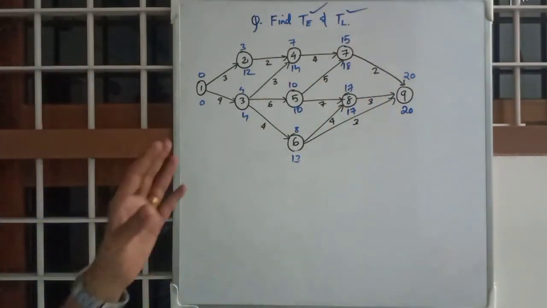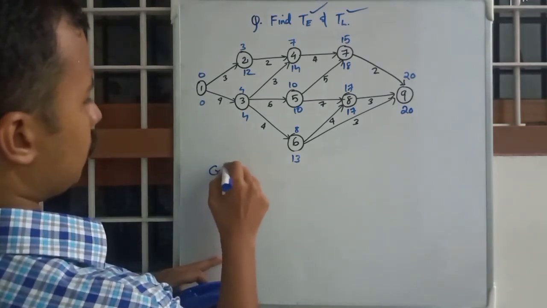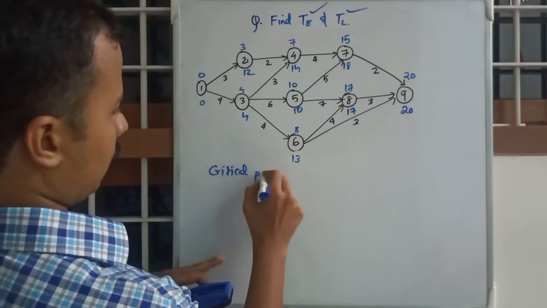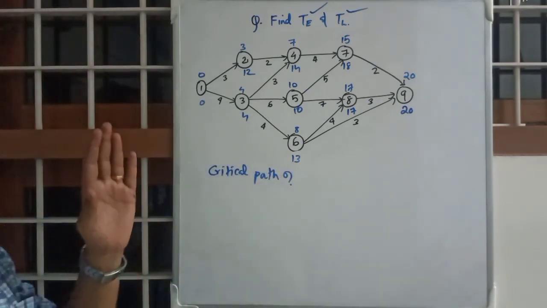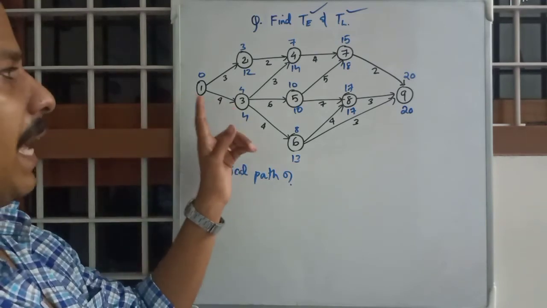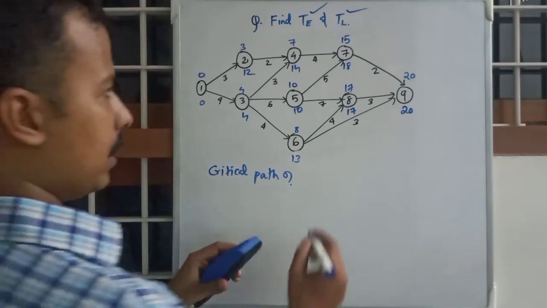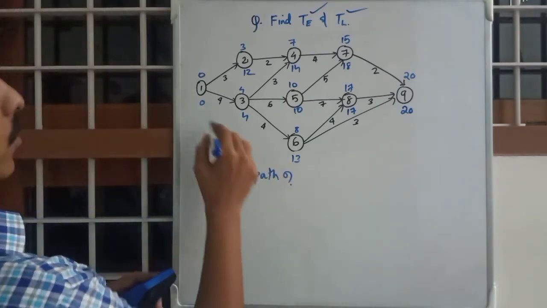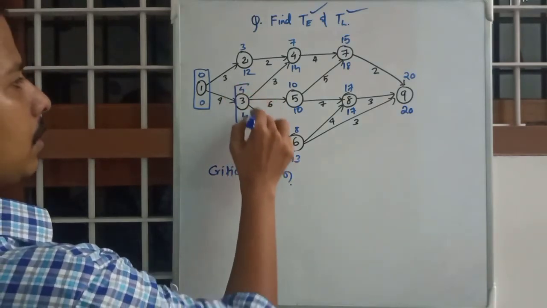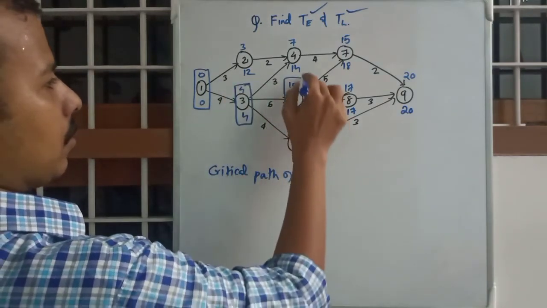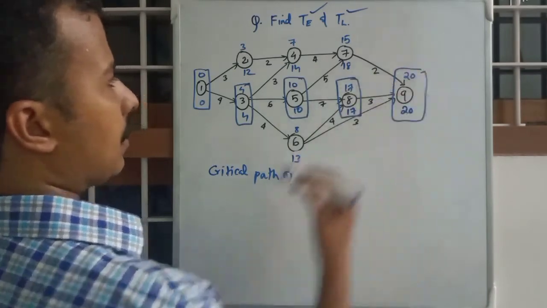Of which, what will be the critical path? Critical path will be the line joining the activities with 0 slack value. Okay, where are the 0 slack values? 1, 3, 5, 8, 9.